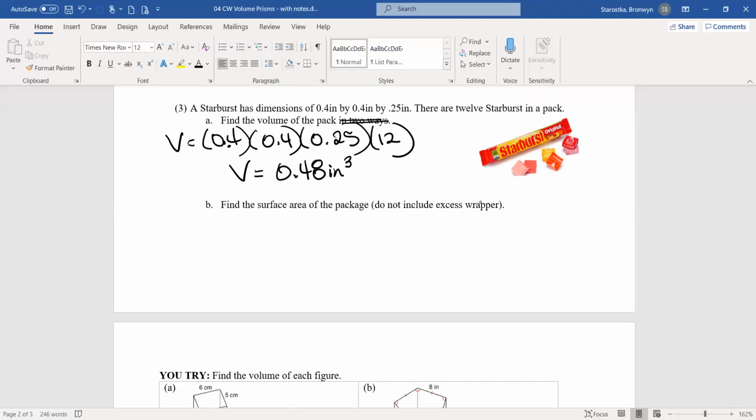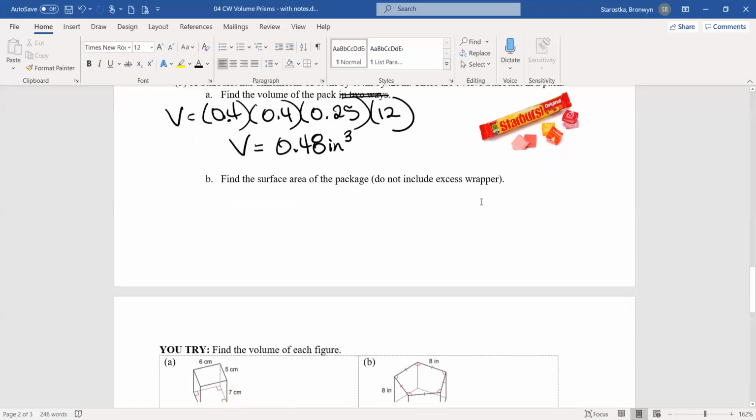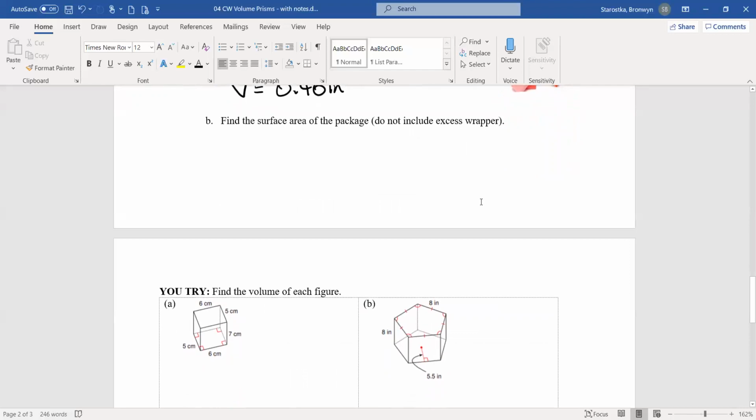Surface area, not including that excess wrapper that they always put on the end. If we were to find the surface area, well, let's see. We've got a top and a bottom, so 0.4 times 0.4. We're going to have 4 of those rectangular sides.